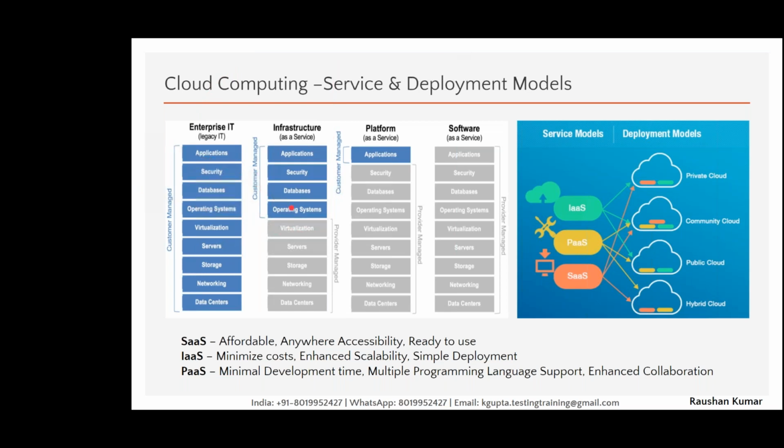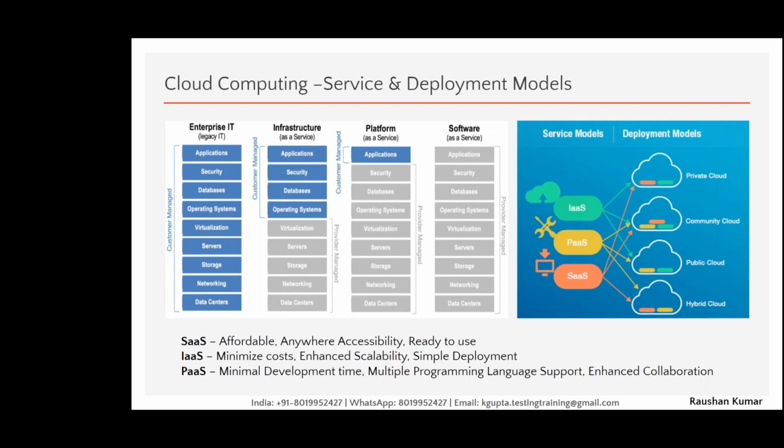So the main question is the difference between the cloud and the on-prem infrastructure. What do we mean by that? When do we call an infrastructure on-prem and when do we call an infrastructure cloud? When we own the hardware, when we own a resource, that is on-prem for any organization.